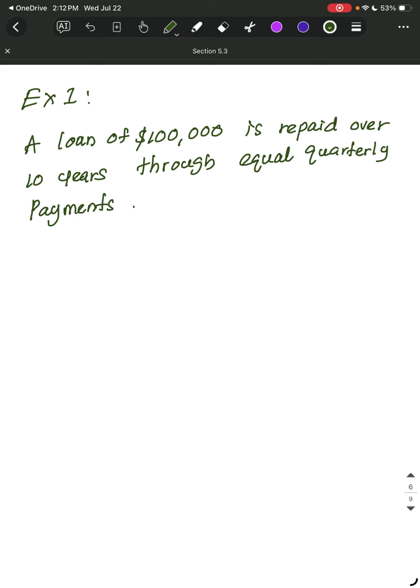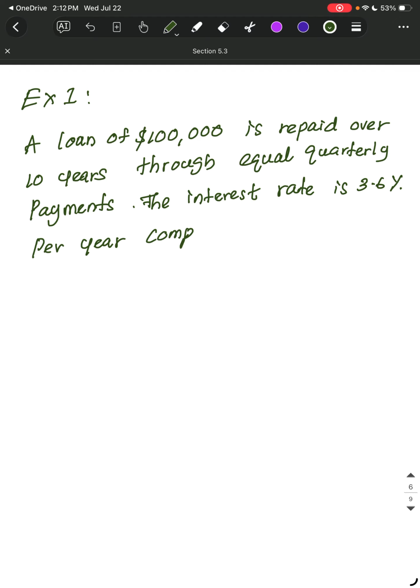The interest rate is 3.6% per year, compounded quarterly. Find the quarterly payment.